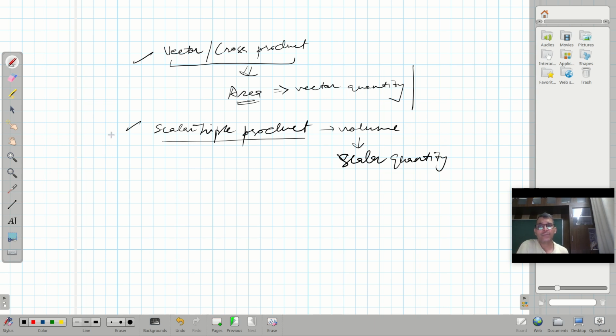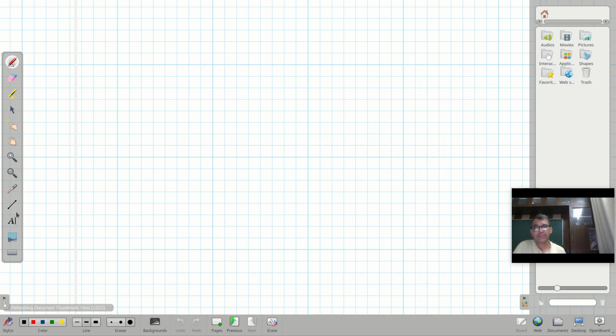And now let us look at what we call the volume element in the Cartesian coordinate system. How do we see that? Suppose there is a coordinate system with the x-axis, the y-axis, and the z-axis.